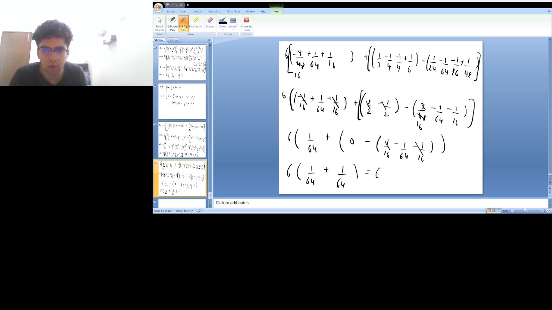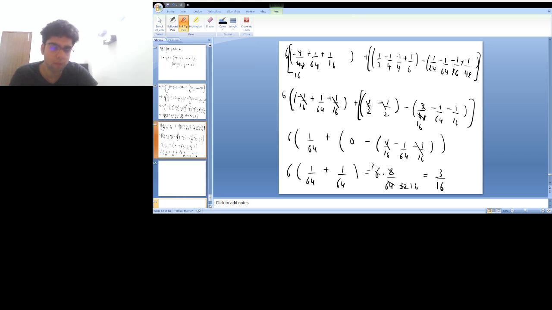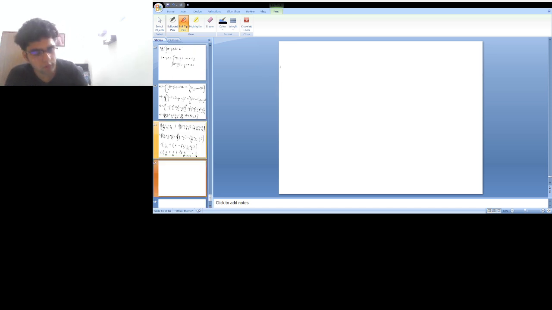This gives me 6 into 2 upon 64. 2 and 64 goes away, 32. 2 3s are 6, 2 16s are 32, so this gives me 3 upon 16. So my mean deviation is 3 upon 16.